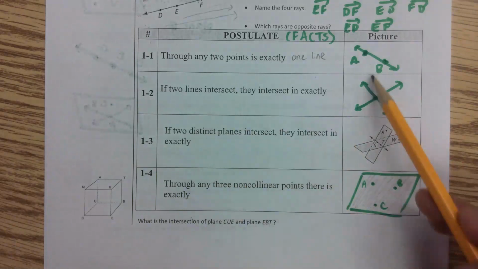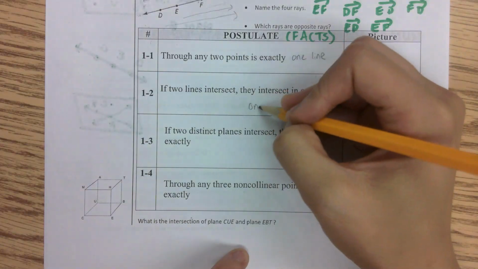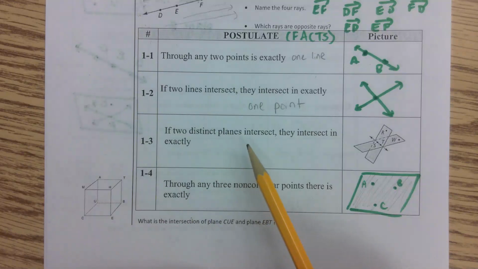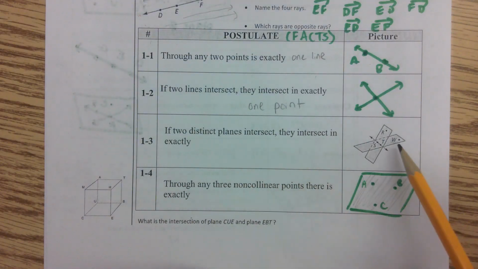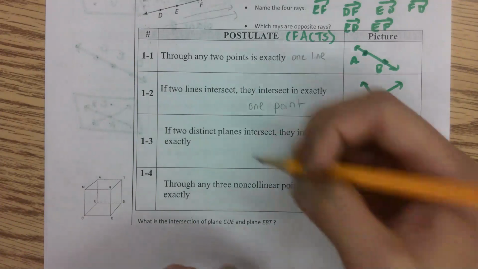If 2 lines intersect, they intersect in exactly 1 point. If 2 distinct planes intersect, they intersect in exactly, right? So we have this plane here, and we have this plane here. They intersect in exactly 1 line.